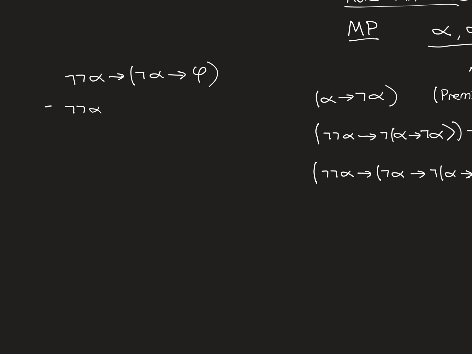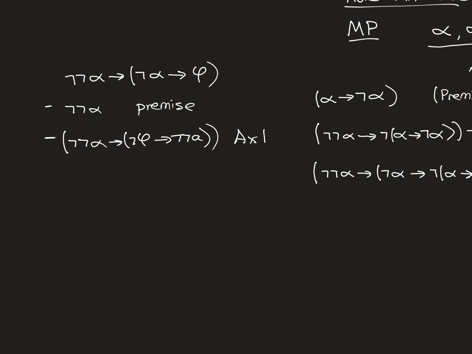So we have as our premise not alpha, and then we're going to do what I said, which was use axiom 1. So we'll have not alpha implies, and then we're going to have not phi as our B, and then again as our A, not A. So that's axiom 1. Then we're going to use modus ponens.